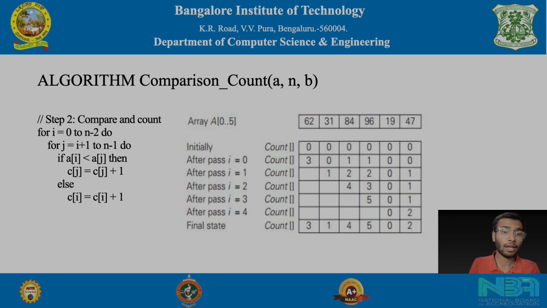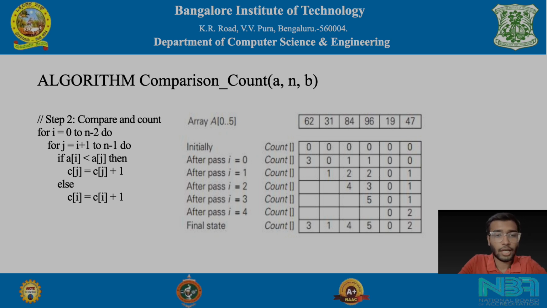Then we compare the ith element to the jth element. If a[i] is smaller than a[j], then we increase the count array of the jth element by 1. Otherwise, we increase the ith element in the count array by 1, like I explained earlier. So basically, we compare the elements, and the larger one is given the higher rank.